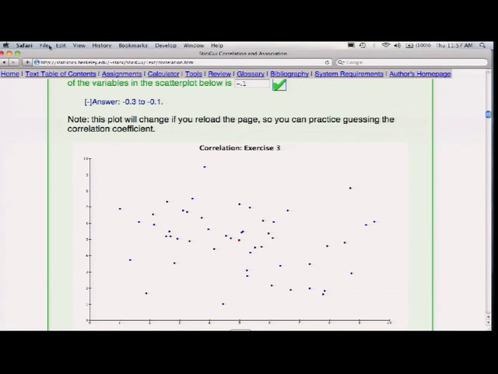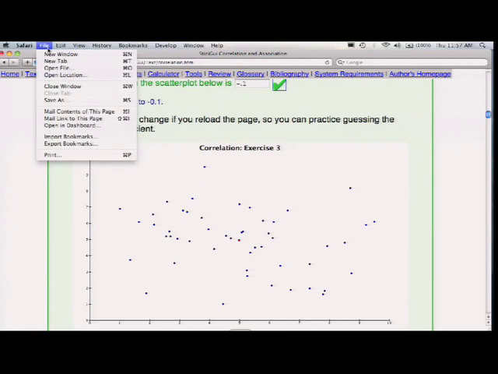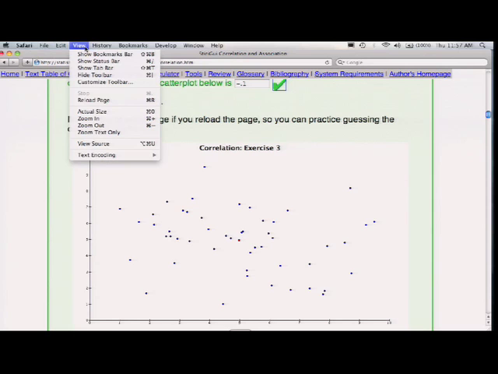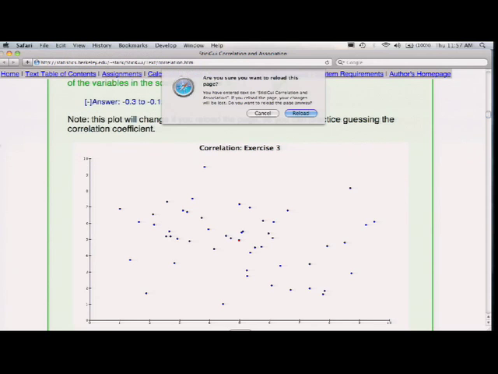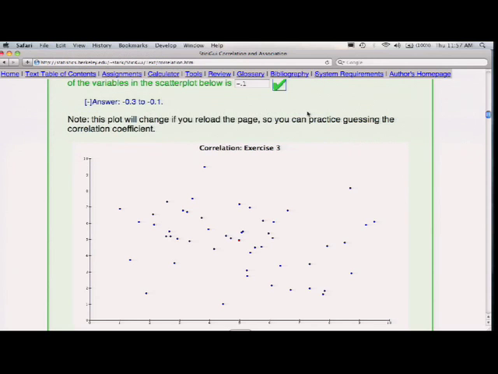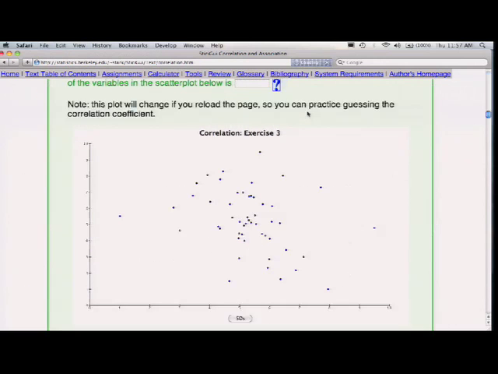All right, let's reload. Okay, negative again. Yep. Maybe a little stronger.